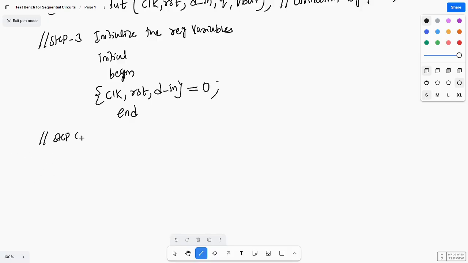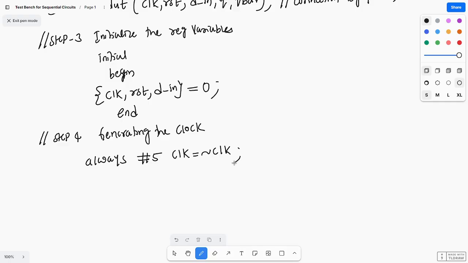Step 4 is you need to generate the clock. Here you can use always hash 5, where hash 5 is the delay. Clock equal to not of clock.